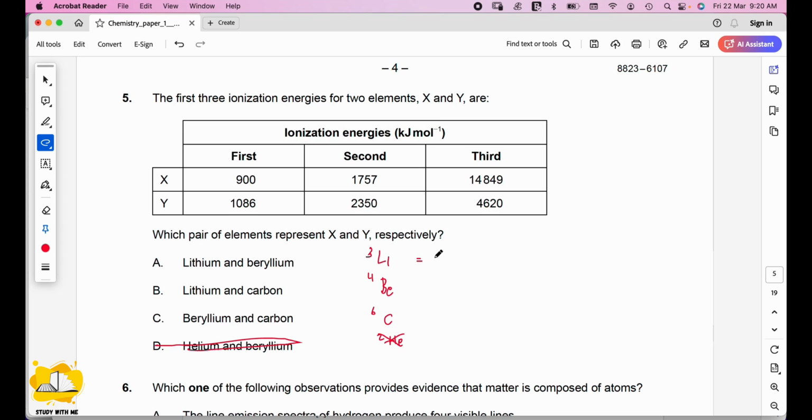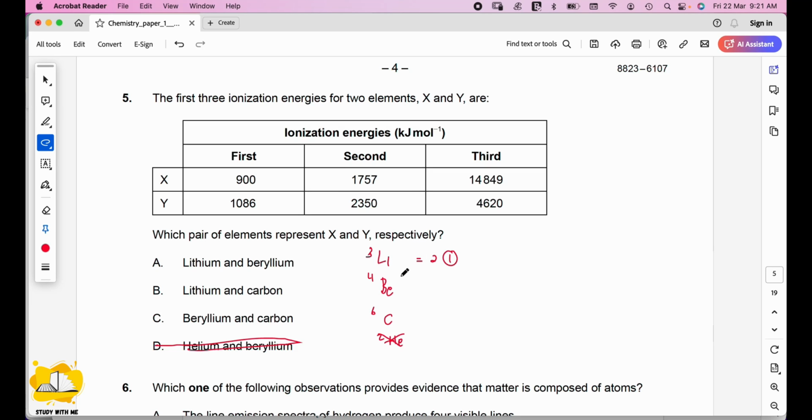So lithium is 2 and 1. So 1 electron will be easy to remove, but for the second electron we'll need higher ionization energy, and as you can see, it's not a really big difference between the first and the second.